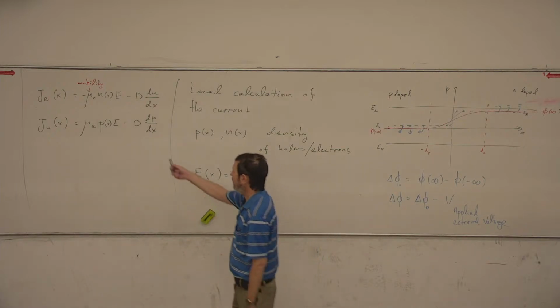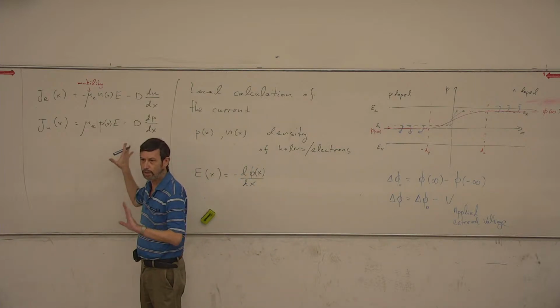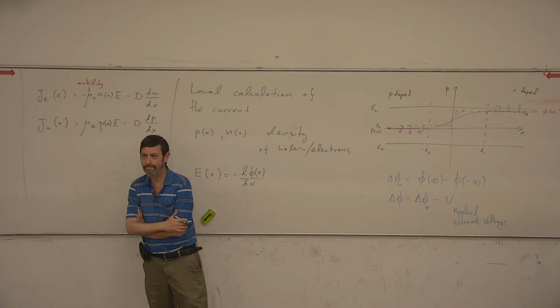Can someone tell me why I always have a minus here? The diffusion equation always comes with a minus.